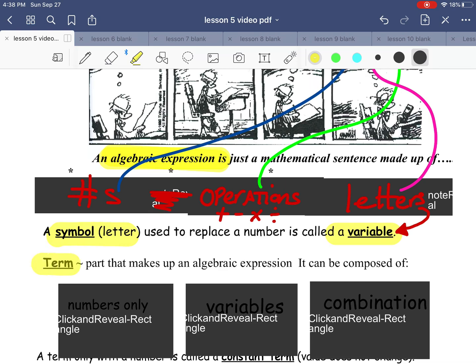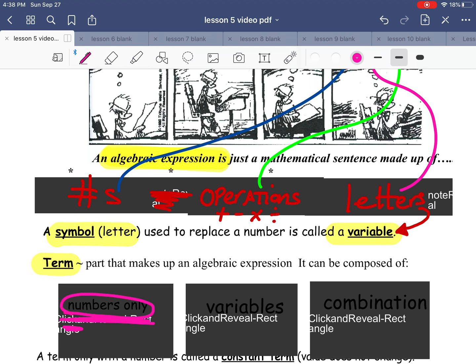Then we have term, and when we look at terms, we look at a part that makes up an algebraic expression. It can be composed of, I know this looks really weird here, but this is from my smartboard stuff and it kind of mixes itself up, numbers only.